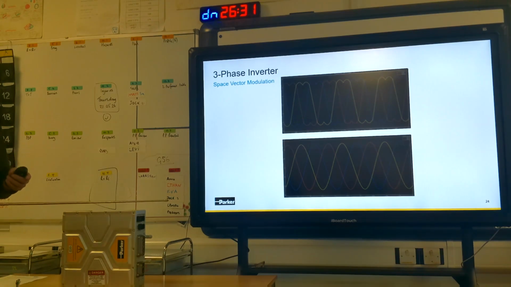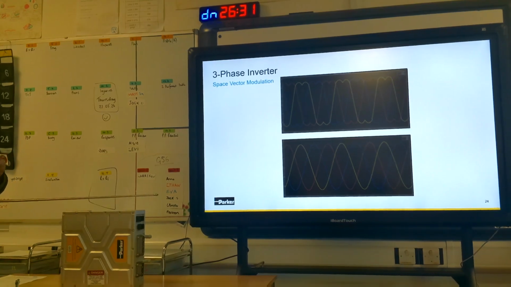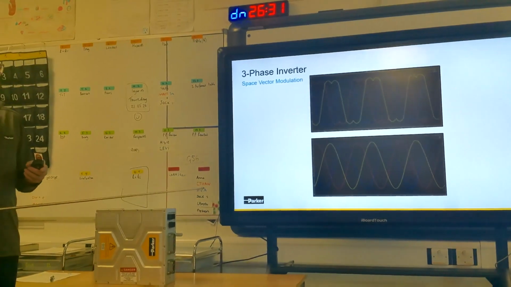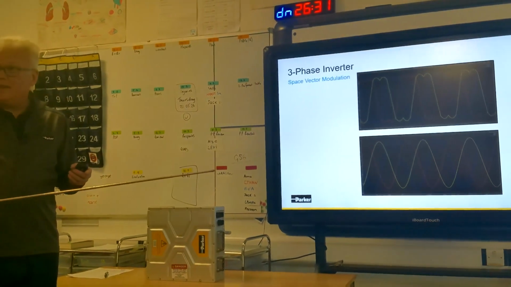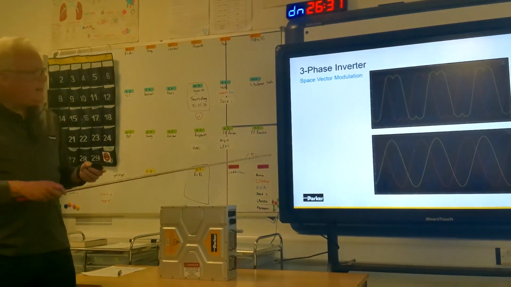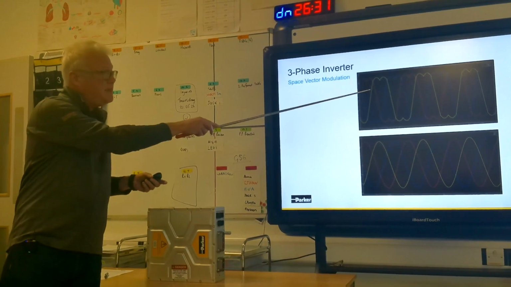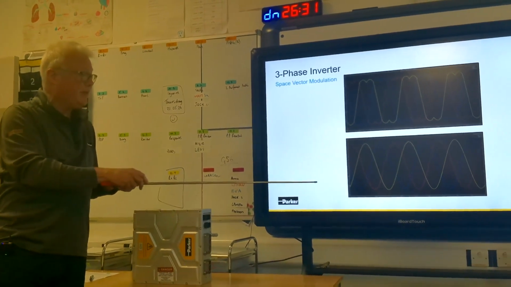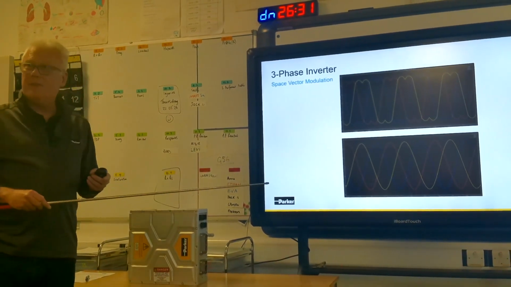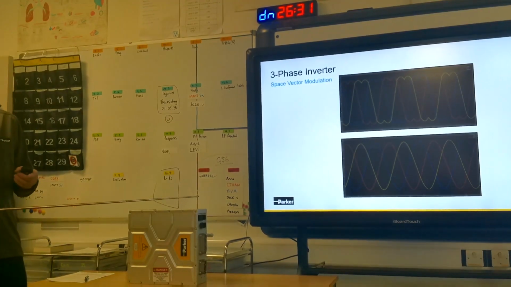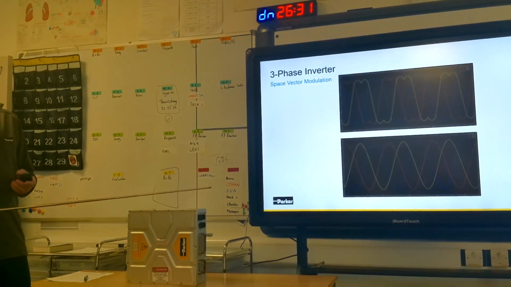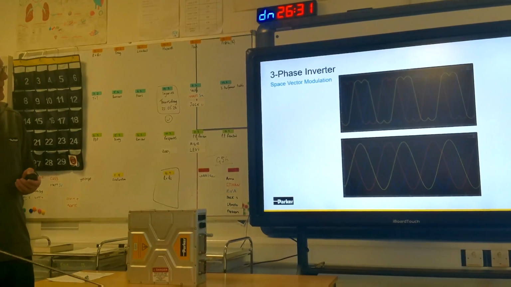But tripling harmonics, if I have a 3-phase system, any harmonic that is an odd multiple of 3, they cancel line to line. So when I take any two of those waveforms and subtract them from each other, what I'm left with is a beautiful sine wave. It's just a factor of space vector modulation. It's quite a cool thing to see when it's working correctly.